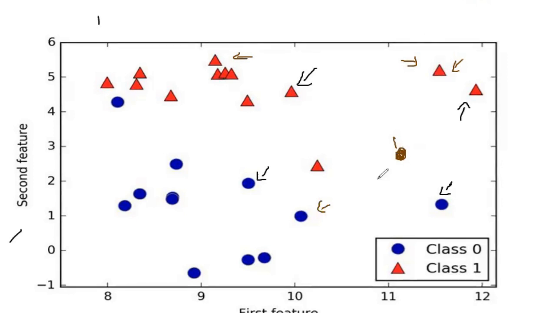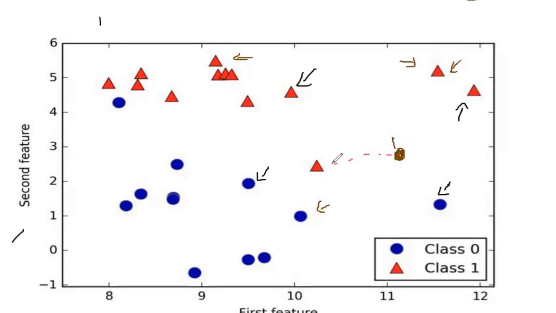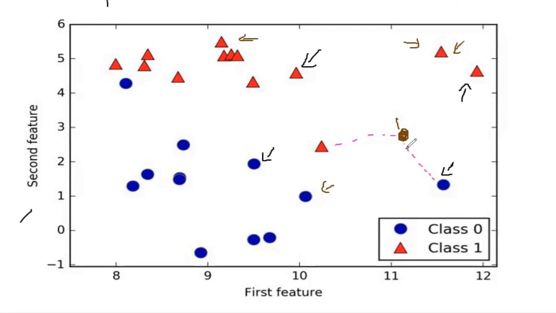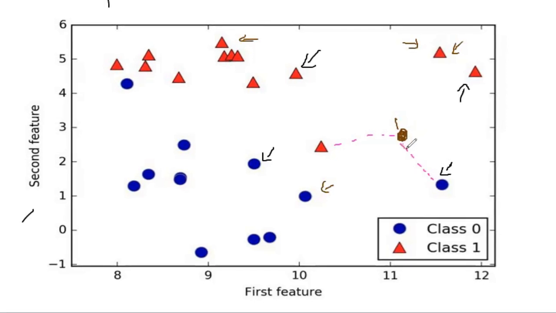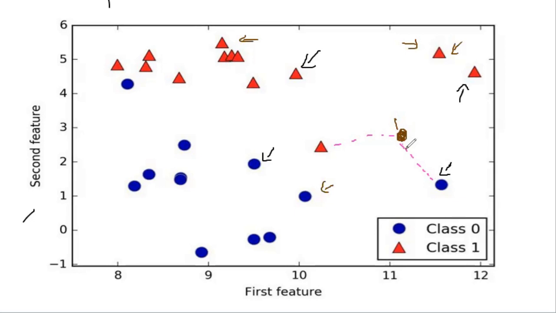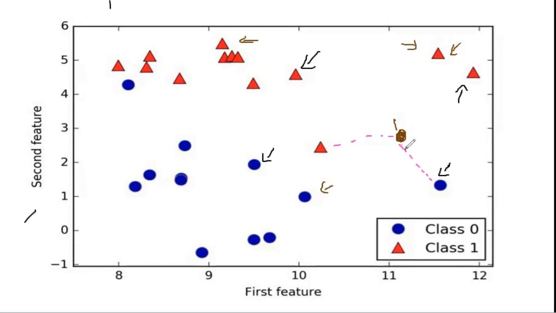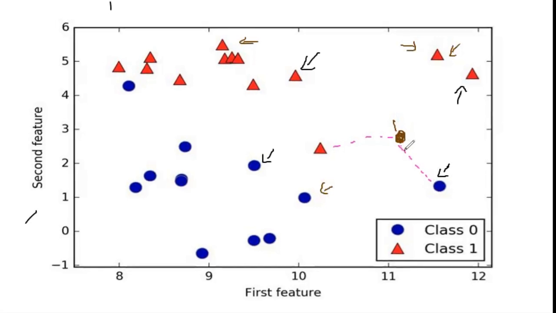What is the nearest neighbor? To calculate, let's see the distances. I think this is the nearest, or maybe this is the nearest, right? These two are very close. So Python will calculate the exact distances by the formula I showed you in the previous lecture, which you may have studied in your primary classes.